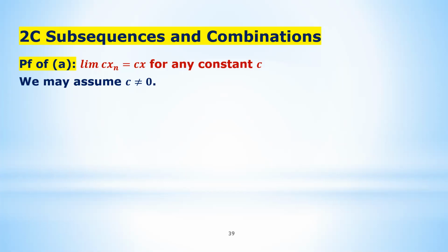Now, how can we prove this? What we want to do is look at our assumption. Our assumption says that xn goes to x. So I apply the definition of limit to this original sequence xn and see what we can get for the new sequence. So let's pick an epsilon greater than 0.